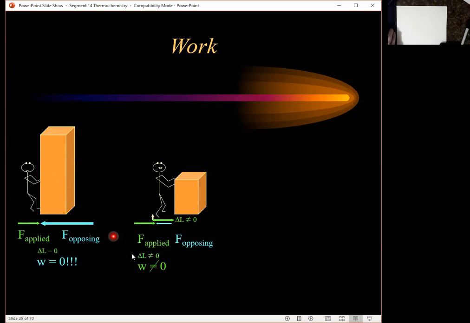So remember, the amount of work you do is not determined by the amount of force you apply, but by the amount of force that's opposing you. That's why we can move the several ton Hubble telescope out in space.